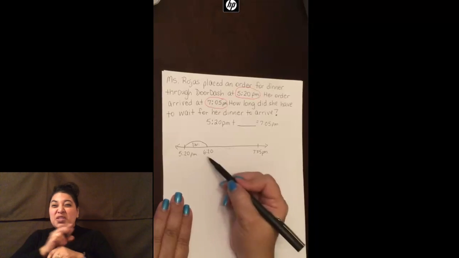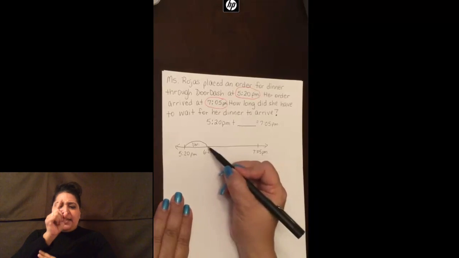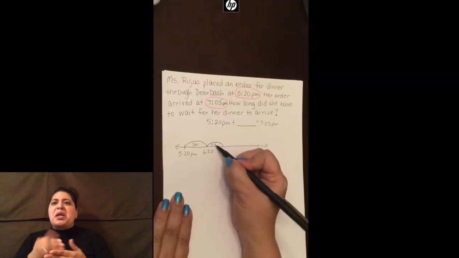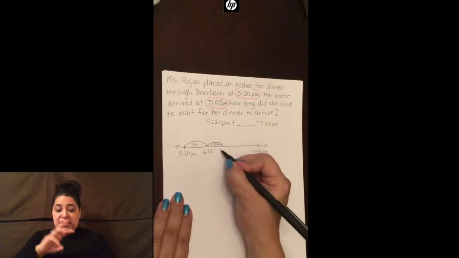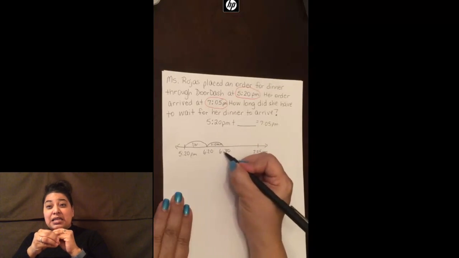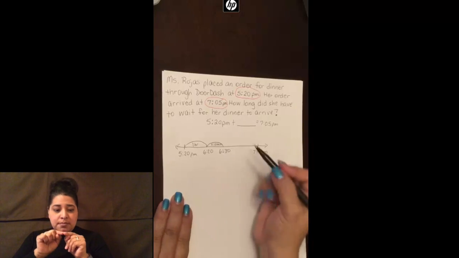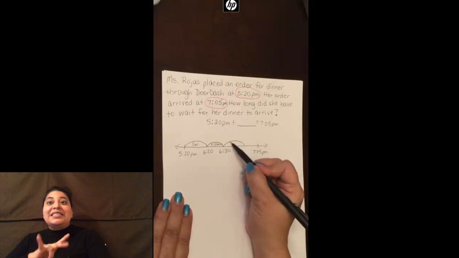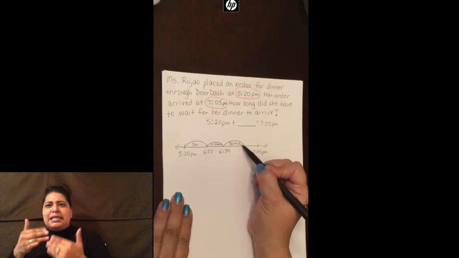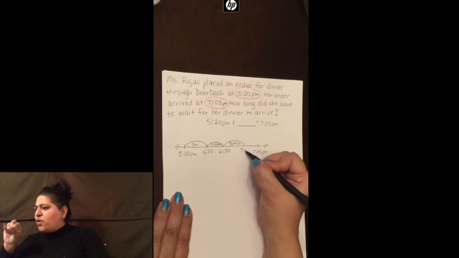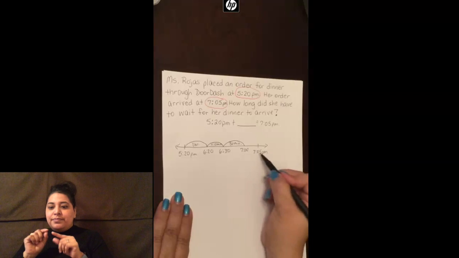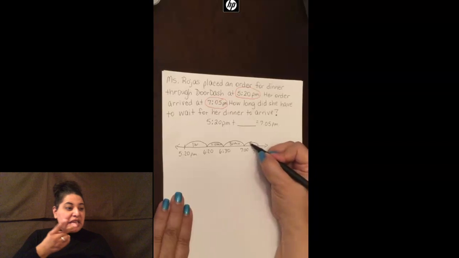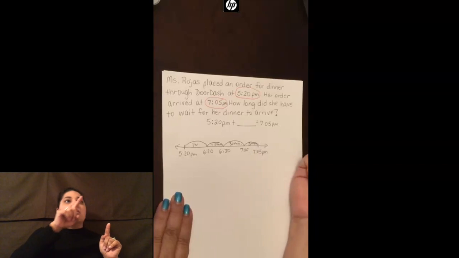So I'm going to break this up, and I'm going to take my 6:20 and get to my next friendly number because I like to do the half hours. So if I add 10 more minutes, that'll put me at 6:30. And for me, that's a friendlier number. So from 6:30, I can add another 30 minutes. And that's going to put me at 7 o'clock. And it's easy enough to see that from 7 to 7:05, our jump is only going to be 5 minutes.